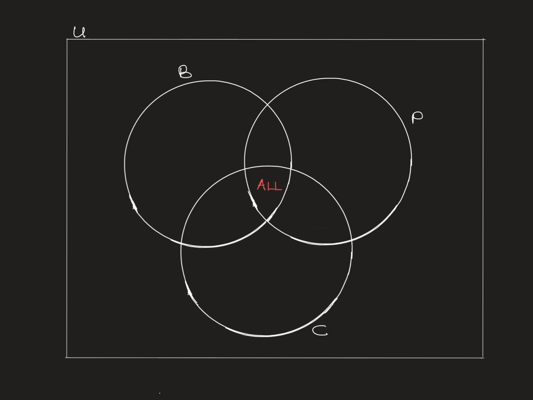For those studying only biology and chemistry, this space here will represent them. There will be students who are studying physics and chemistry only, so here will be for physics and chemistry only. And this region here would be biology and physics only.